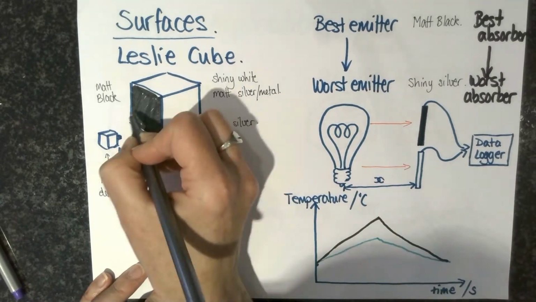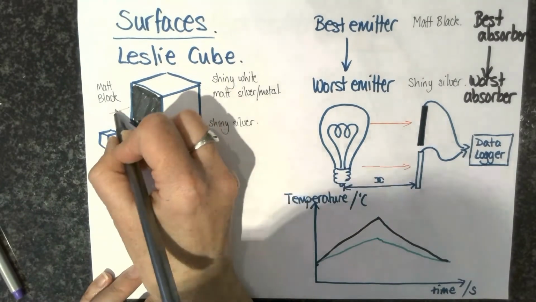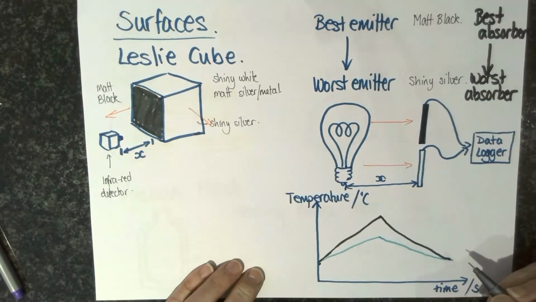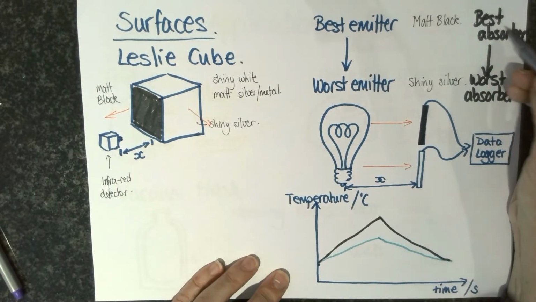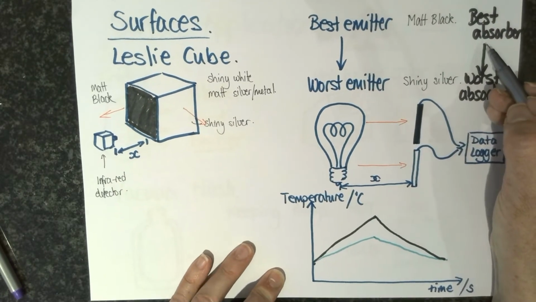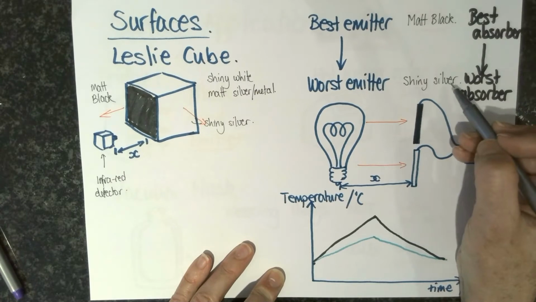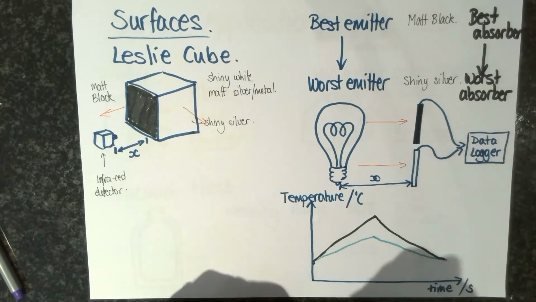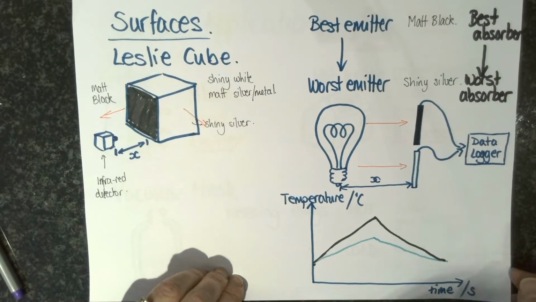Here, the infrared is coming from the surfaces out to the infrared detector. So matte black is the best emitter and also the best absorber. The shiny silver, the worst emitter, it's also the worst absorber of infrared radiation.